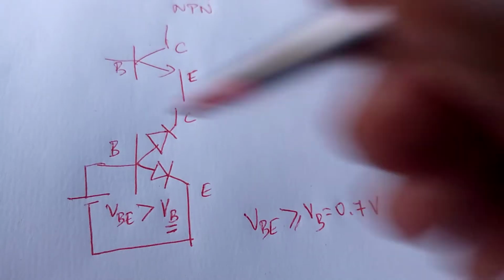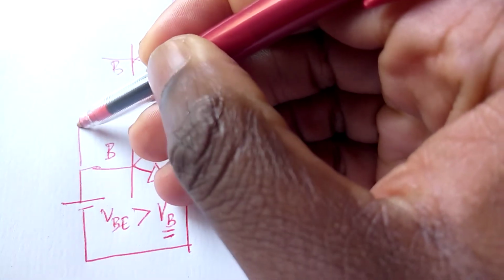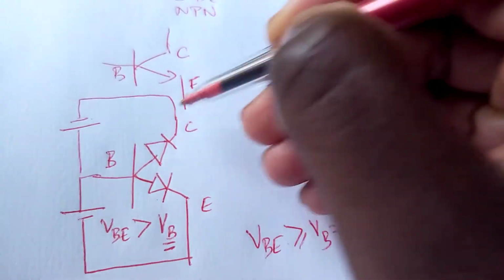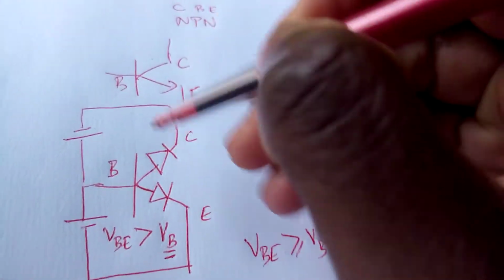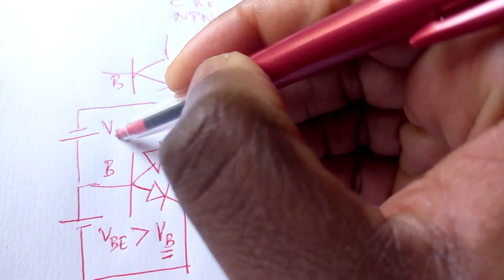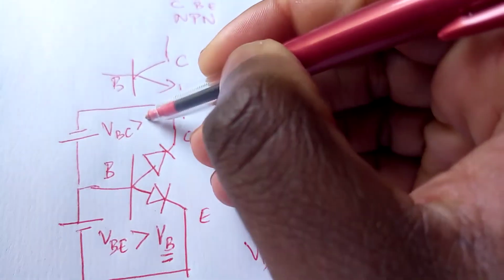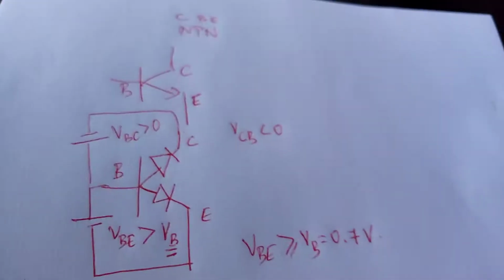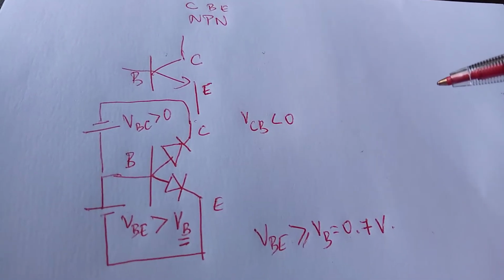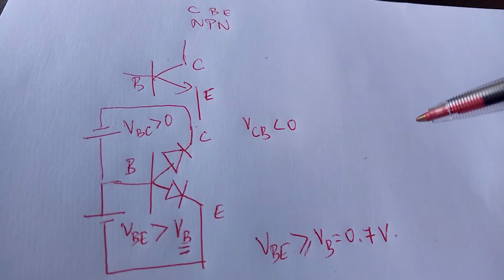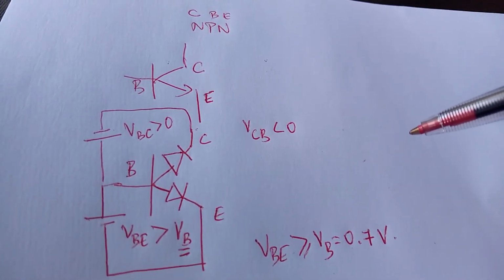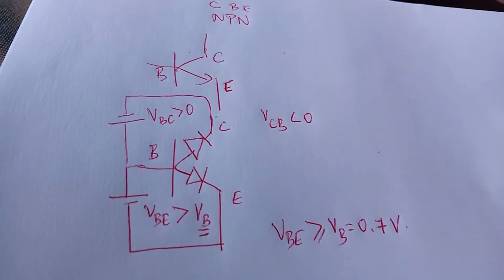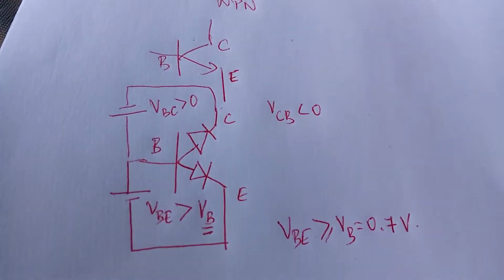What that means is that you also have a DC voltage which is high on the base side as compared to the collector side, and that is VBC is greater than 0, or one can see it as VCB being less than 0. That way both junctions of the transistor will be forward biased, which means it will be operated in saturation region.